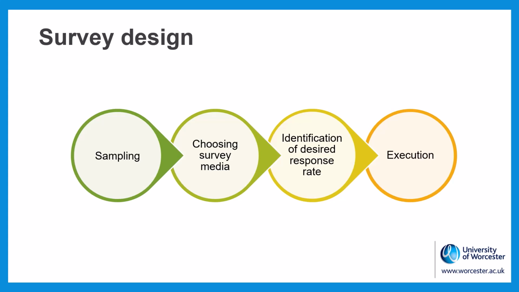Then, procedures for obtaining population estimates from the sample data and for estimating the reliability of those population estimates must be established. This process includes identification of the desired response rate and the preferred level of accuracy for the survey.